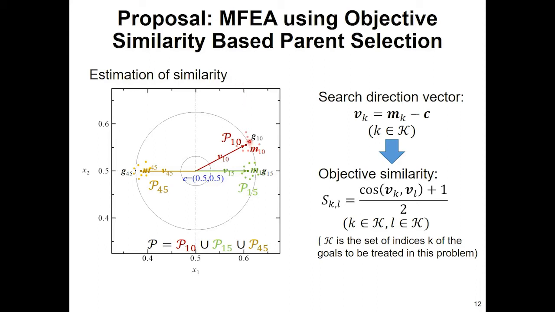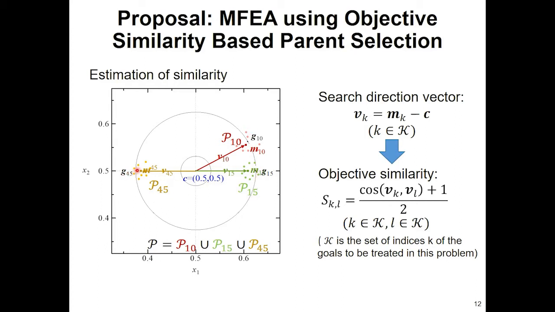G10, G15, and G45 are goals of three objective functions of multifactorial distance minimization problems respectively. Within the solution population P, there are sub-solution populations P10, P15, and P45 that try to get closer to the coordinates of each goal.